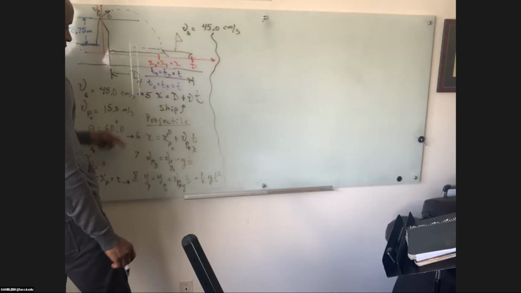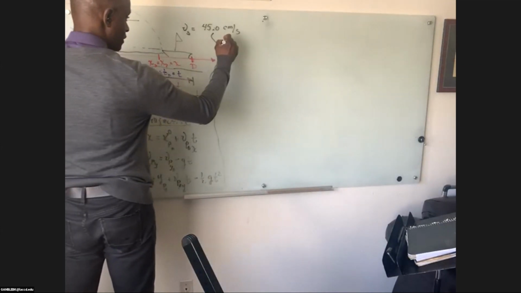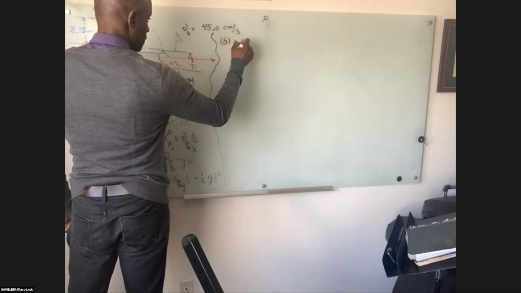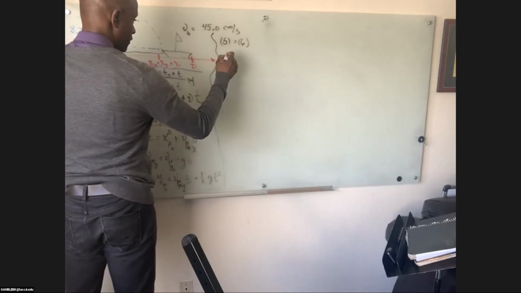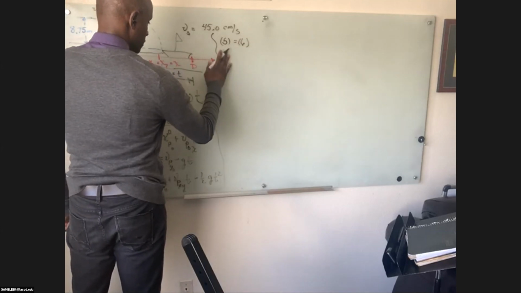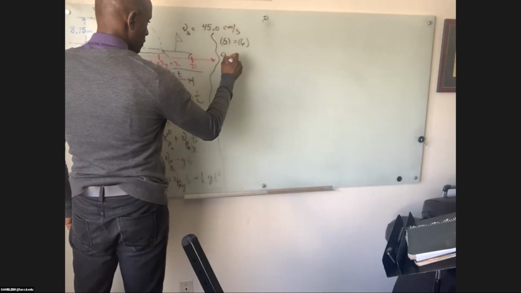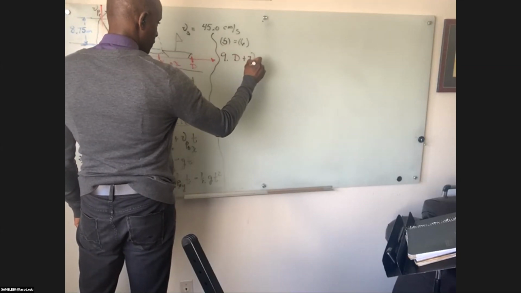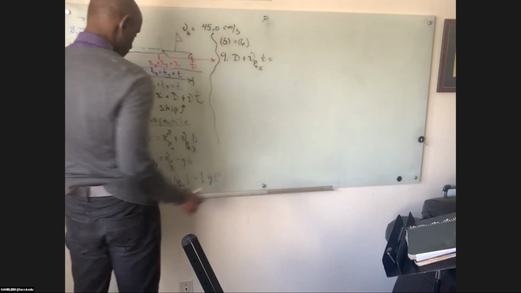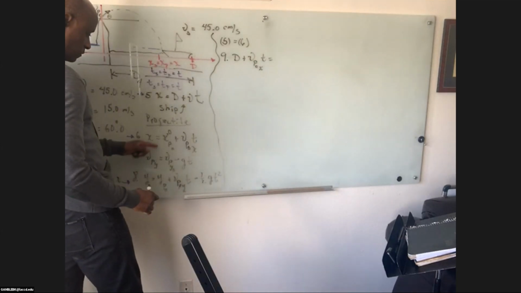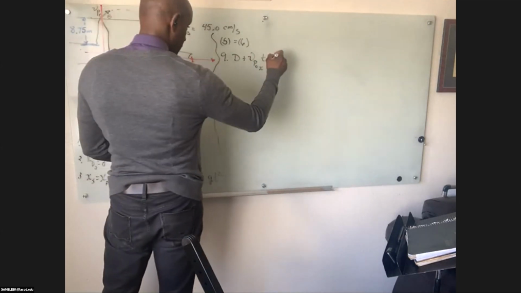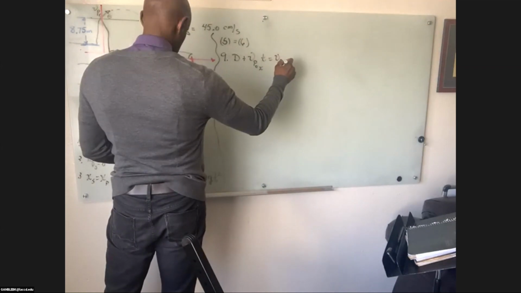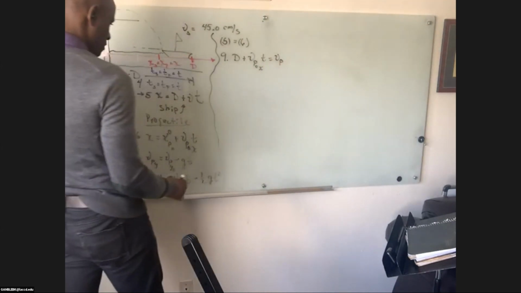I want you to try to work through this. If I equate these two, equating x 5 and 6, what I have is d plus VP naught x times t equals... no, sorry.